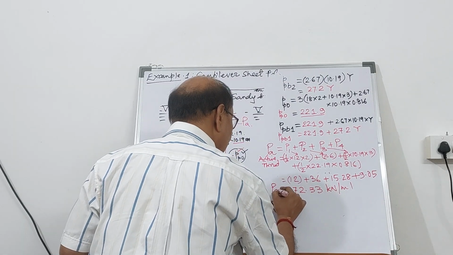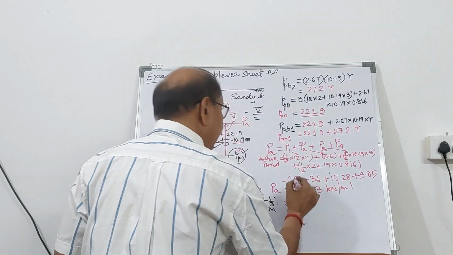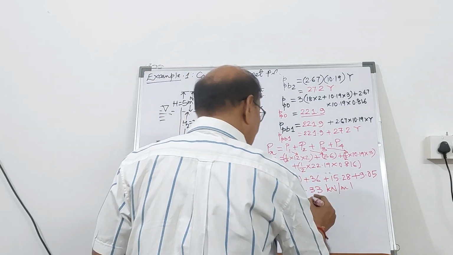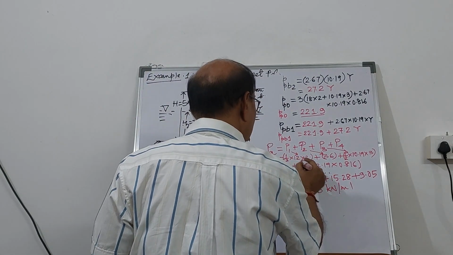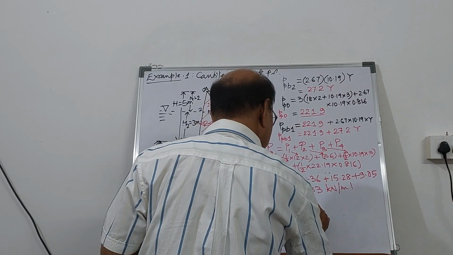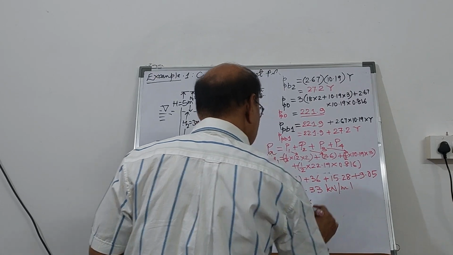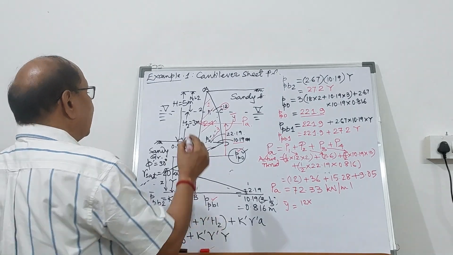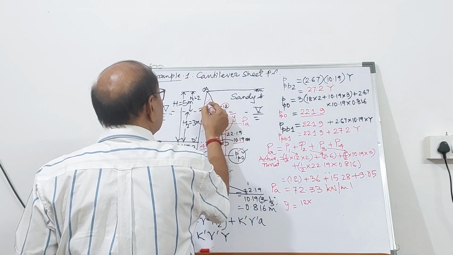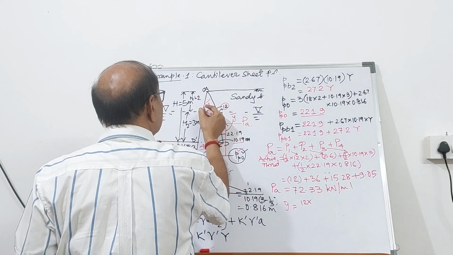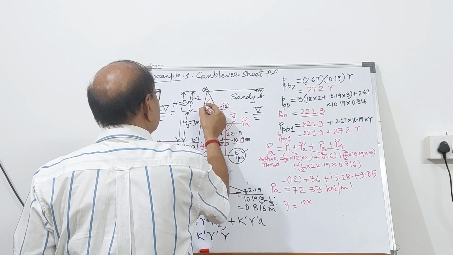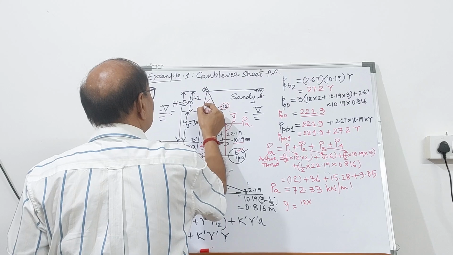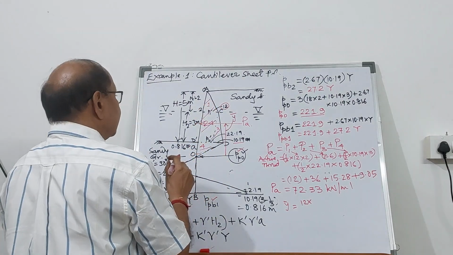PA now I know. Y bar will be P1 Y1. So P1 is already known to me. It is 12. And this P1 will be acting at 1/3 of 2, that is 2 by 3.